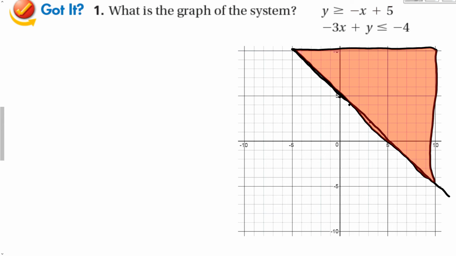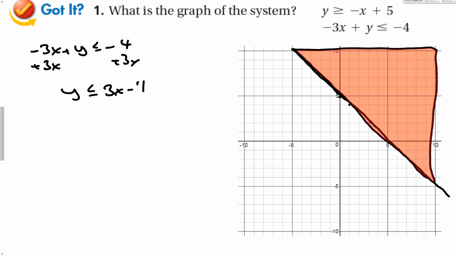Now let's graph the second line, but before I do, let's just add 3x to both sides. So y is less than or equal to 3x minus 4. Intercept, and the slope is up 3, right 1. And we make a nice solid line because it says less than or equal to.